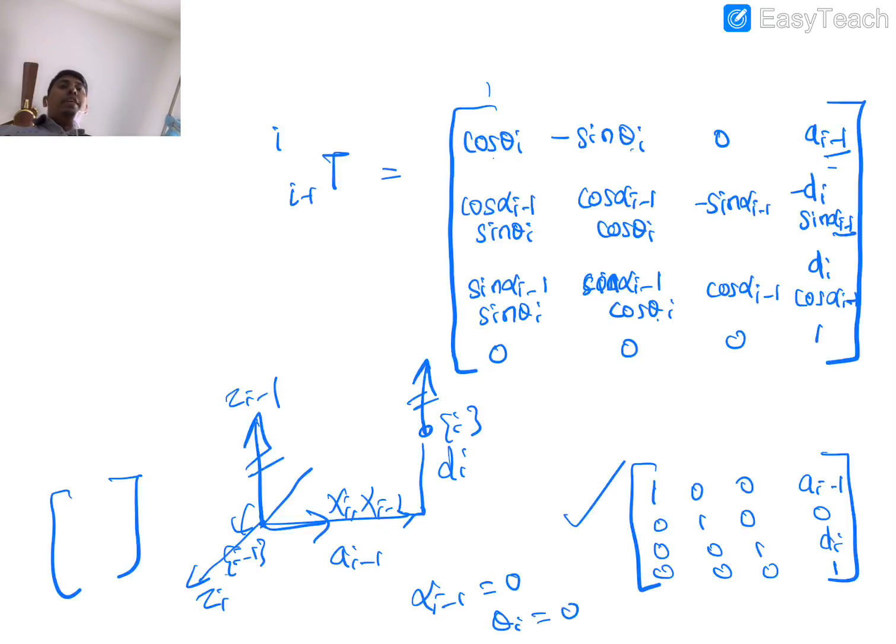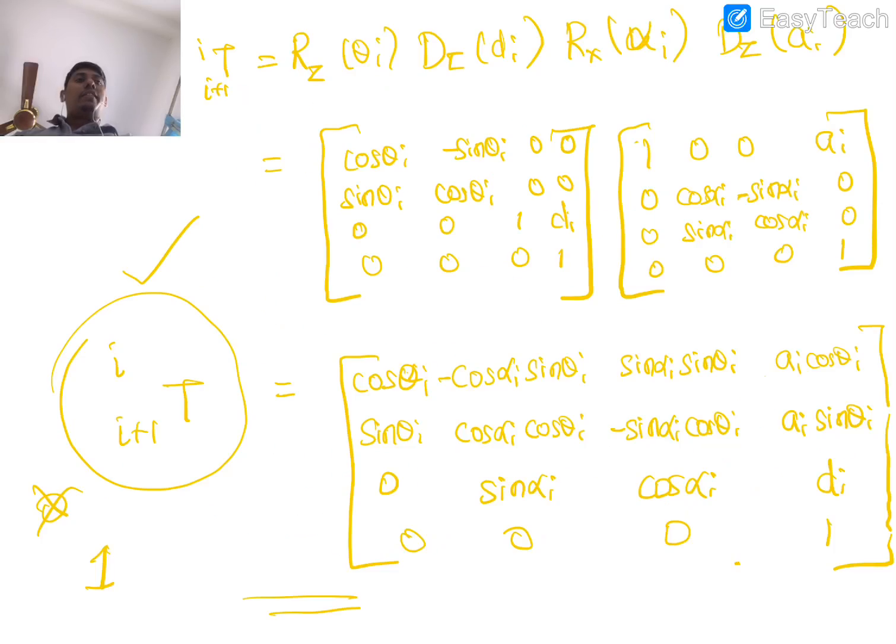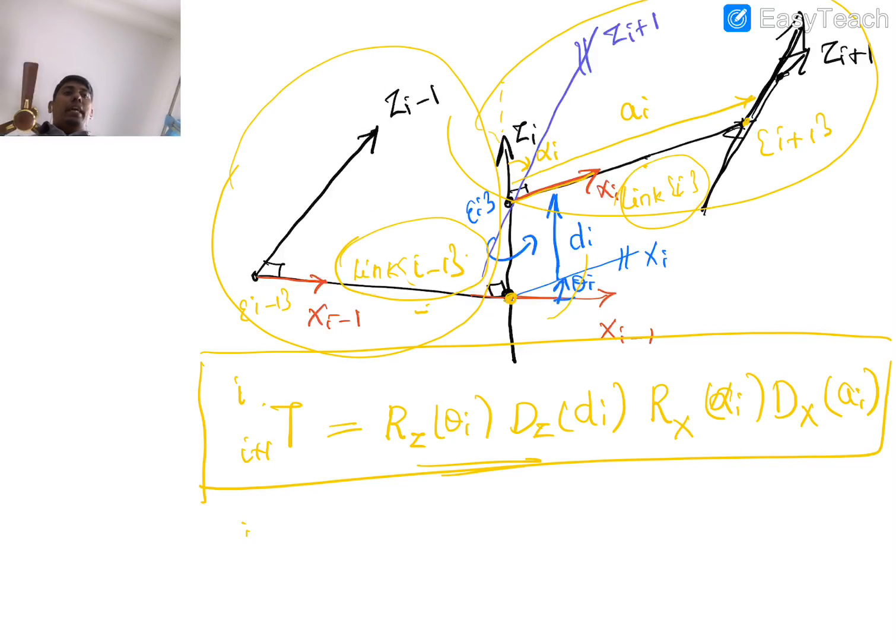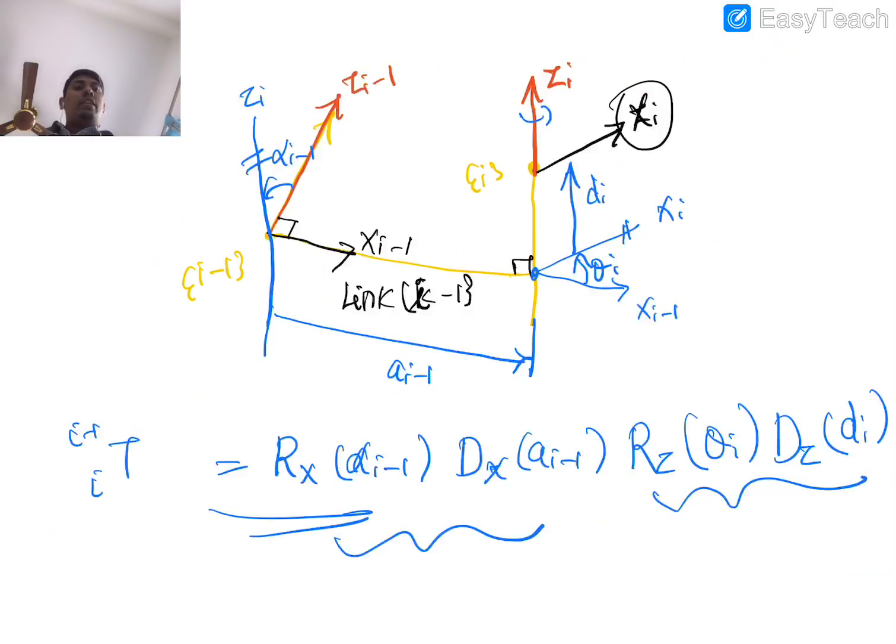So this is the way we can differentiate the standard and non-standard form. So you got clarity: the standard form looks at the joint and then sees the information between two other links, whereas the non-standard form sees two joint axes, in the sense it travels along the link and reaches the joint.